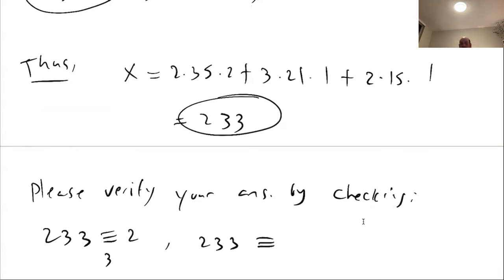We were looking for a number X that is 2 mod 3 and 3 mod 5 and 2 mod 7 at the same time. And 233 is the number that we were looking for. It satisfies all three congruences at the same time. So this is one solution.